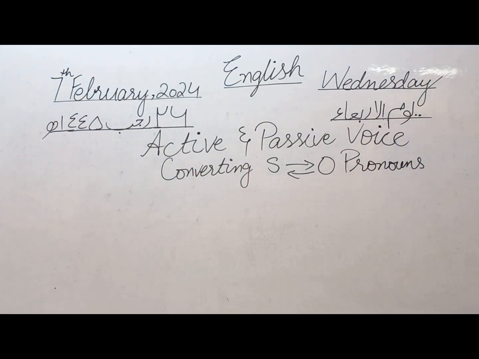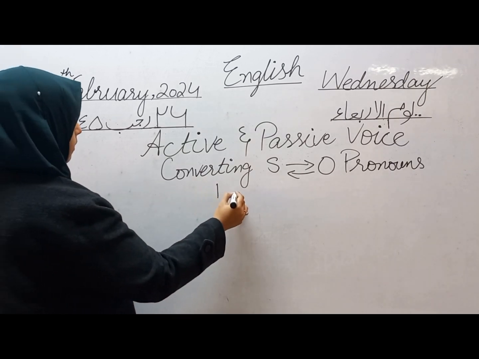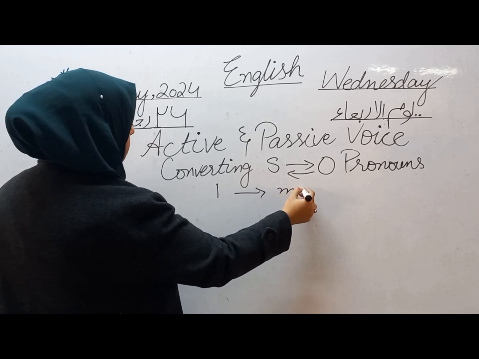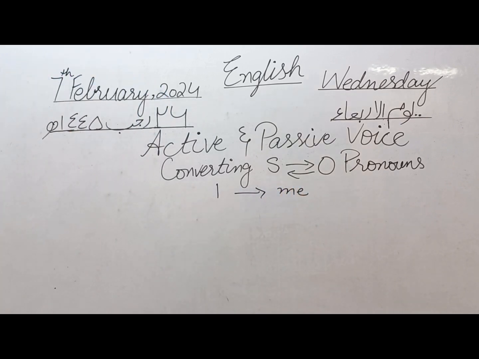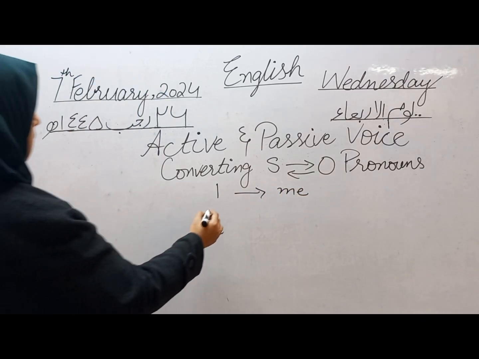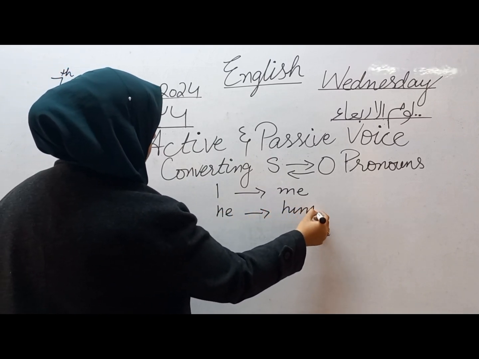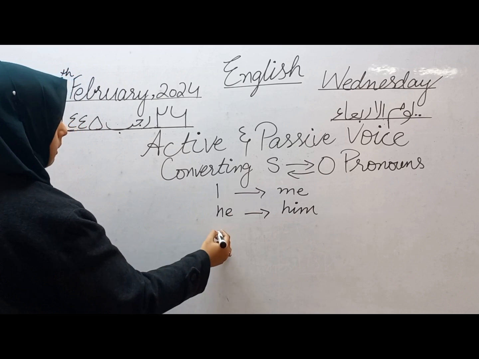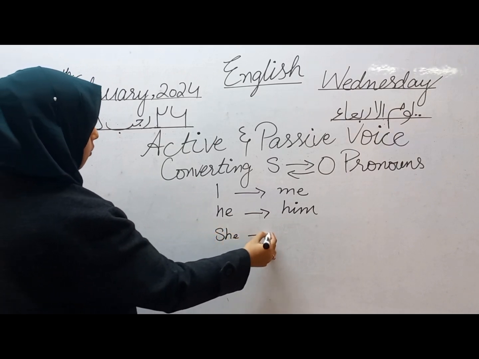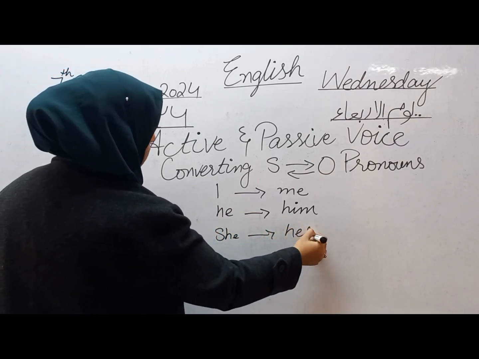For example, the pronoun "I" will be changed into "me". Okay, it's very easy. The pronoun "he" will be changed into "him". The pronoun "she" will be changed into "her".